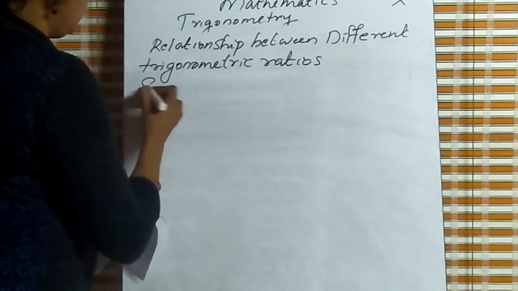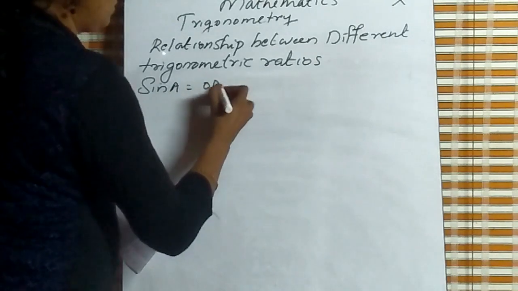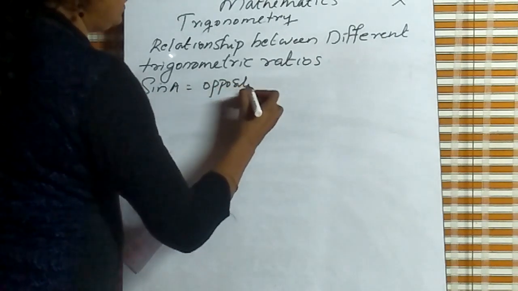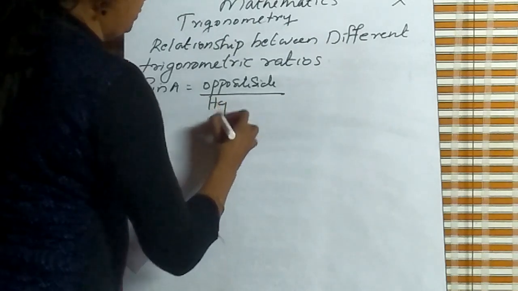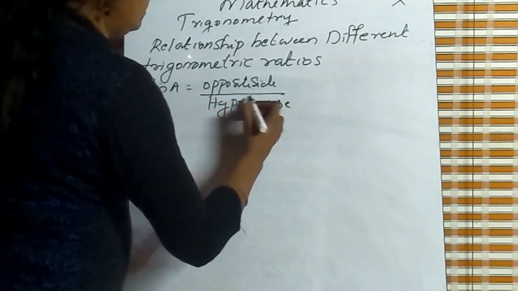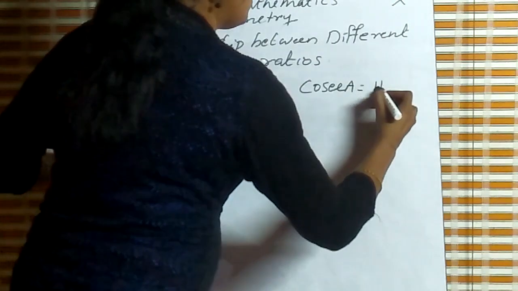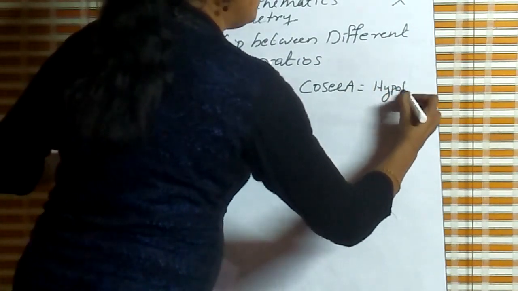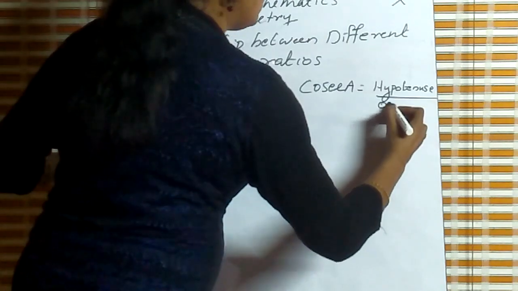First one, sin A is equal to opposite side by hypotenuse, and cosec A is equal to hypotenuse by opposite side.